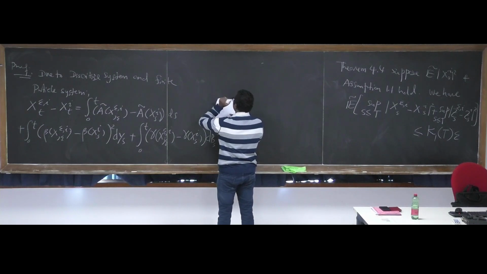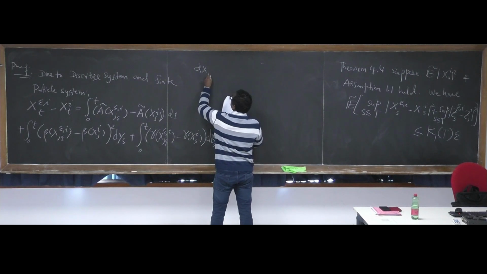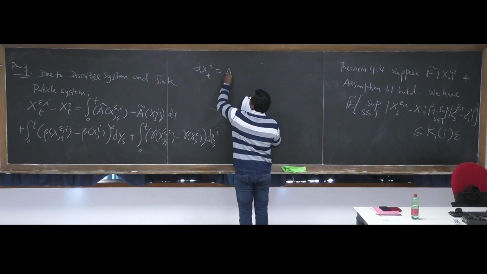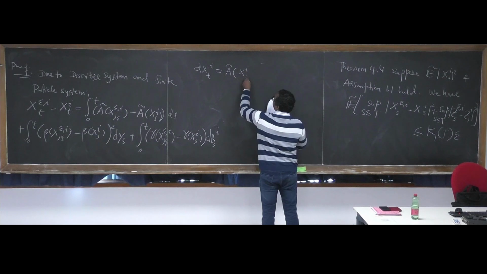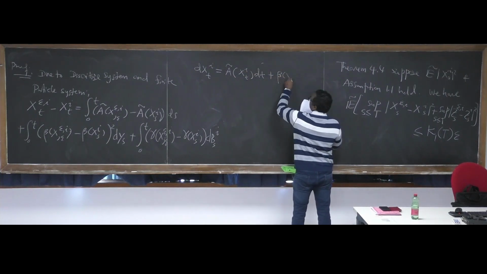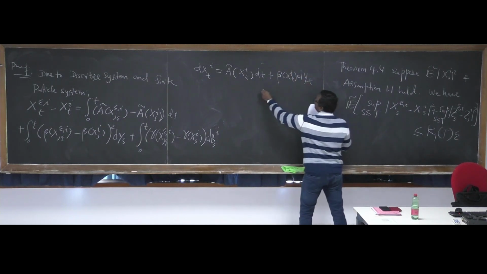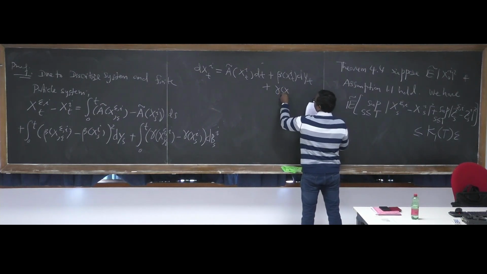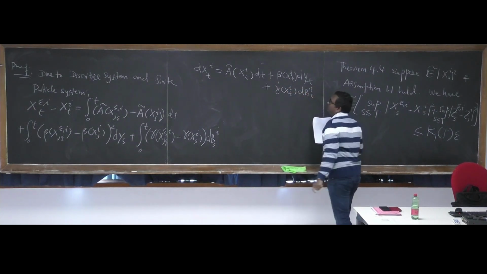The first one is dX^i_t equals A tilde(X^i_t) dt plus beta(X^i_t) dY_t plus gamma(X^i_t) dB^i_t.